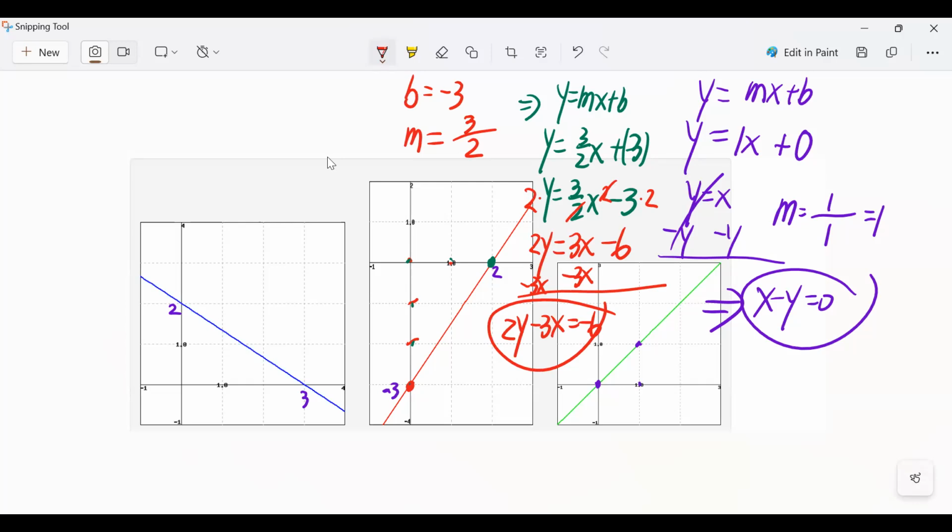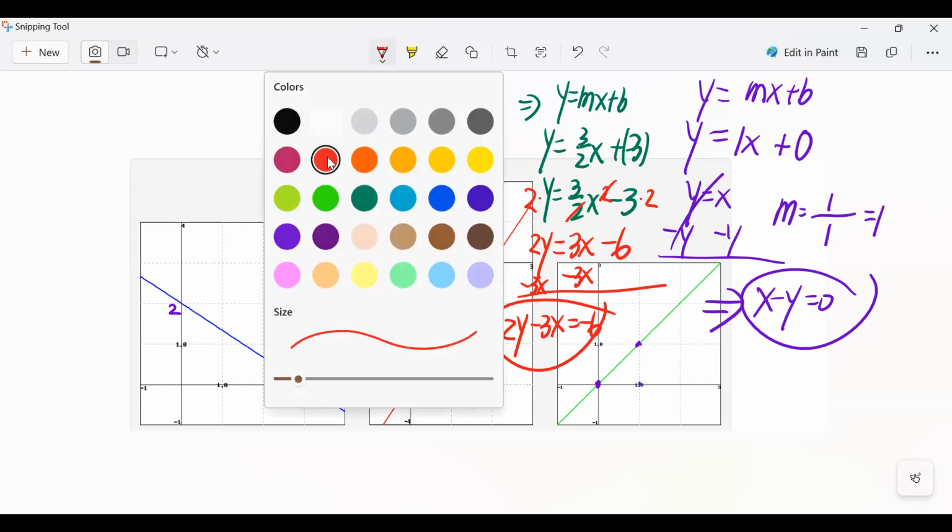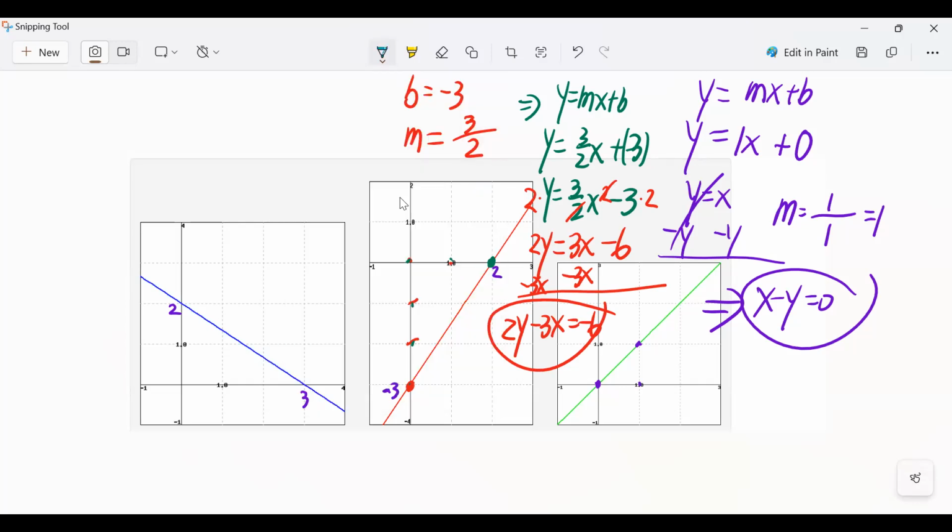And then the third one is the blue line. I get a blue color. So start with the y-intercept. b equal to 2: 1, 2. And then the slope. Based on this y-intercept, go down 2 units, and then go to the right 3 units.